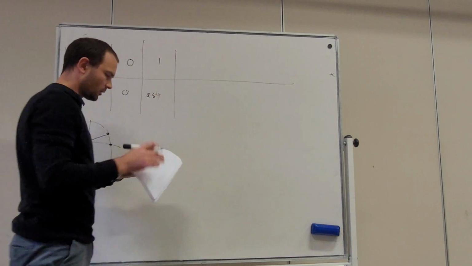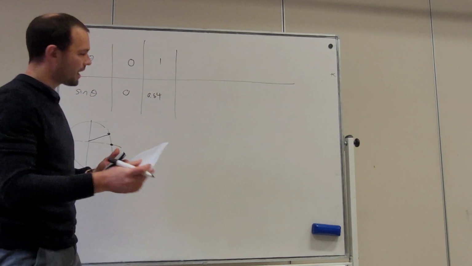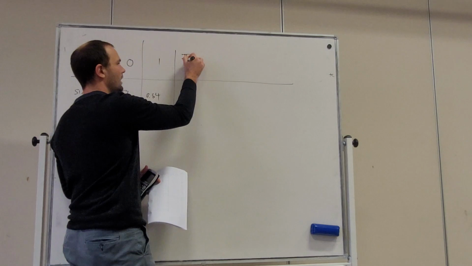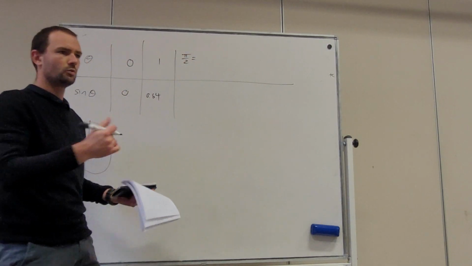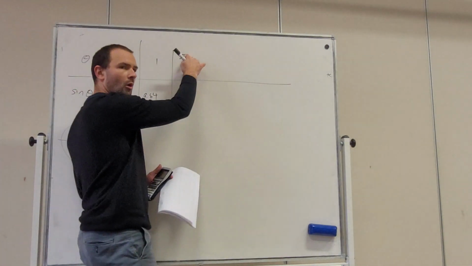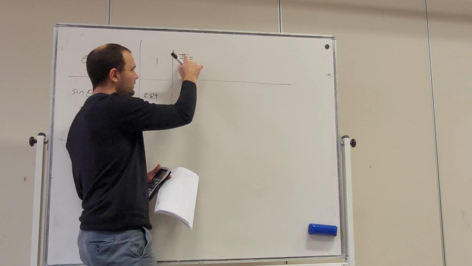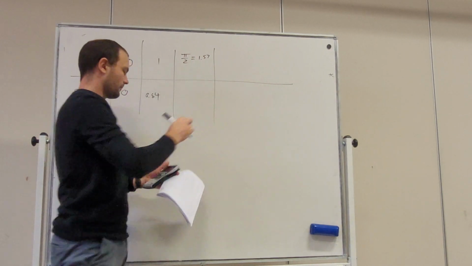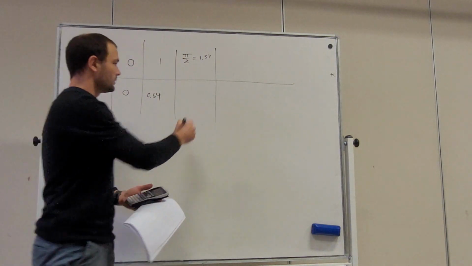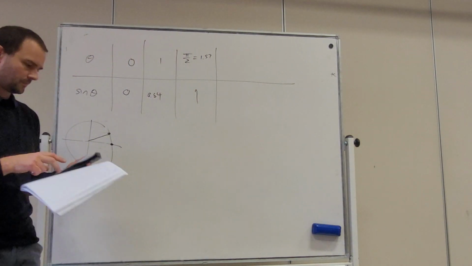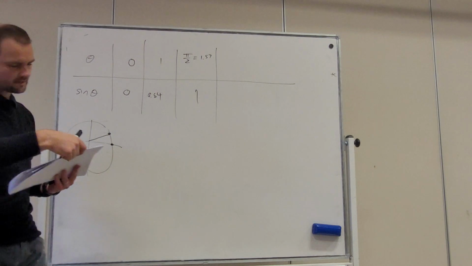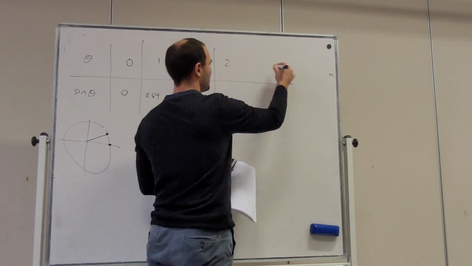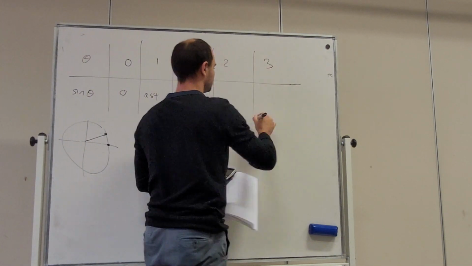And then we've got sine of pi on 2. Now, if you put in your calculator pi divided by 2, remember, pi is a number, 3.14, divided by 2. It's about 1.57 approximately, right? So sine of pi on 2 is going to be 1. And then what number do I have next? 2. We're just going to do a few of them.